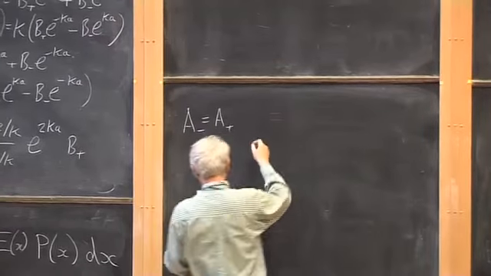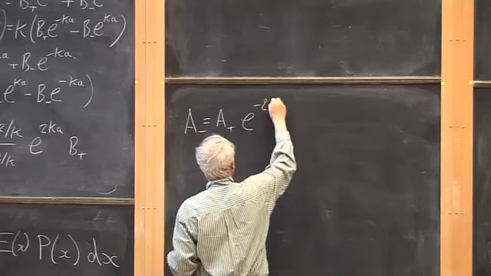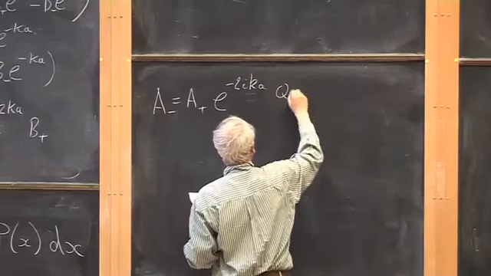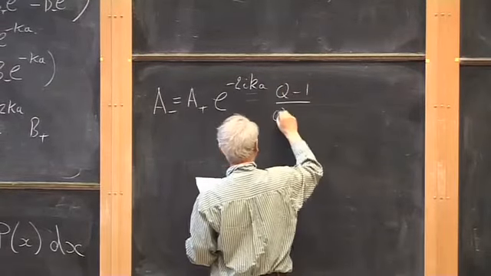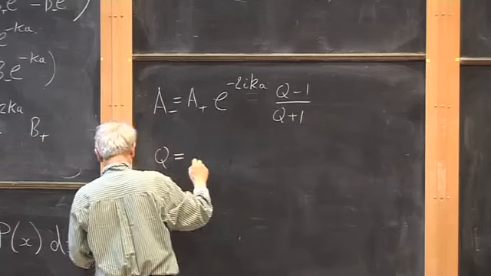And it is A minus is A plus e to the minus 2 Ka, q minus 1 over q plus 1, where q is itself pretty yucky.